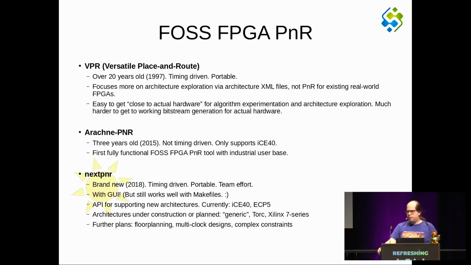By now, it's about 3 years old. It was not timing driven, so it would just create a valid routing, a valid placement for your design, and afterwards you could run timing analysis and learn how fast it is, but you couldn't really tell the tool, actually this net should meet this timing constraint, so please take this into consideration when you place and route. And it really only supported ICE40.